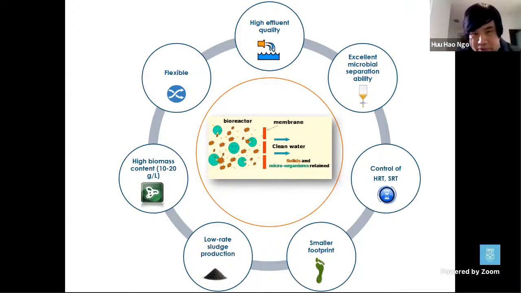So it's not good. So this high biomass is really crucial for the MBR. And then flexible is all right. And the last one you can see is high quality. Because after the aerobic MBR, whatever they discharge, the quality is quite high. Okay, the quality is very high.